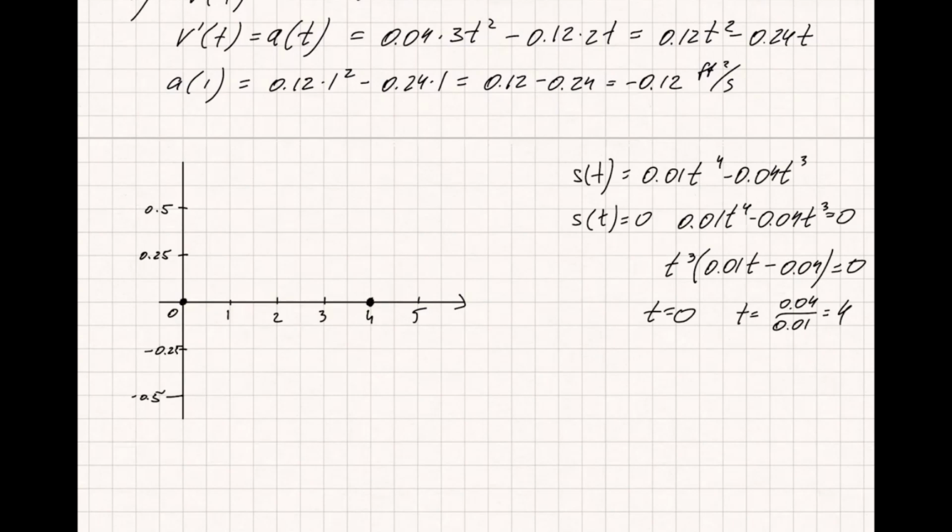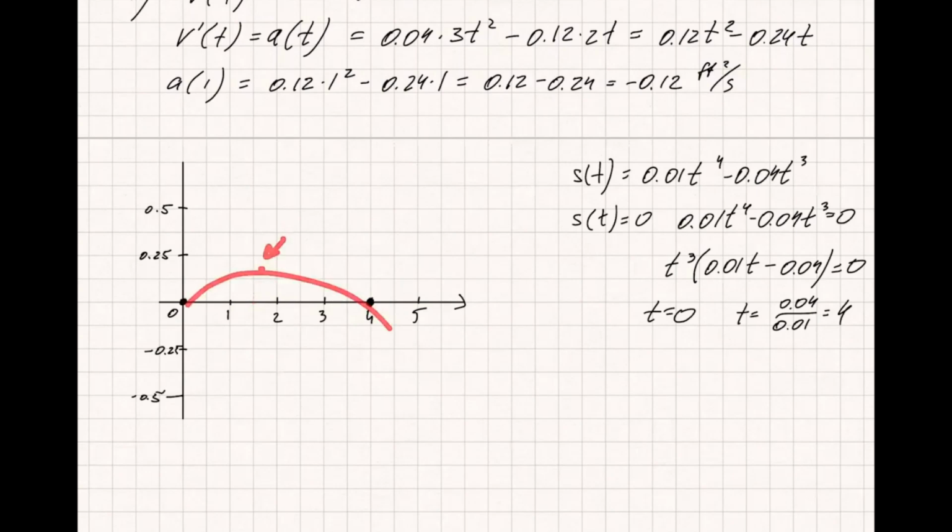Now I see that this is a polynomial, so most likely I have some kind of movement like this or like this. So I need to see what happens at the vertex. How do I find the vertex? If I have something like this, right, then I see that at some point I have this velocity equal to 0, right? So I need to find where the velocity equals 0 so that I can find my vertex.